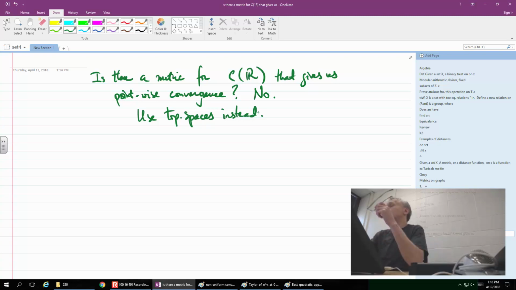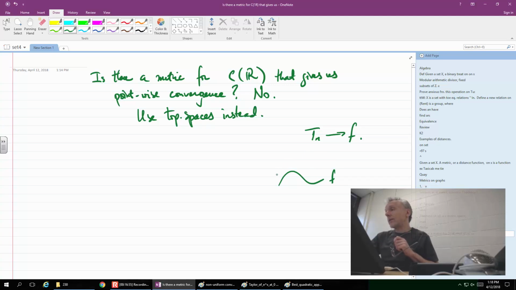Imagine that our interest is local right now. We're looking once again at convergence of polynomials to a function. If this is a function f, we have a bunch of t_n's convergent to it.